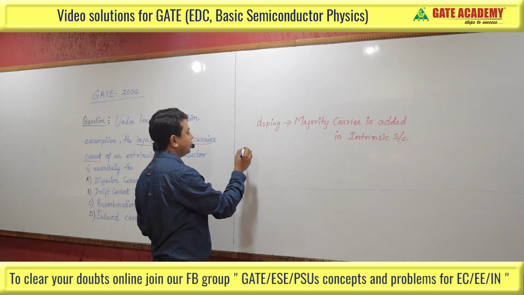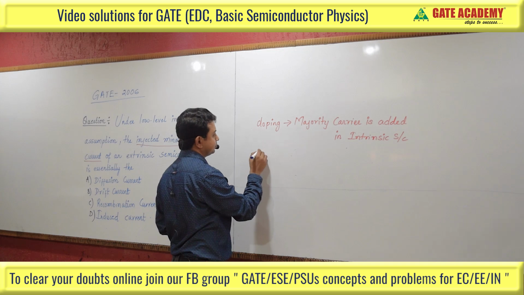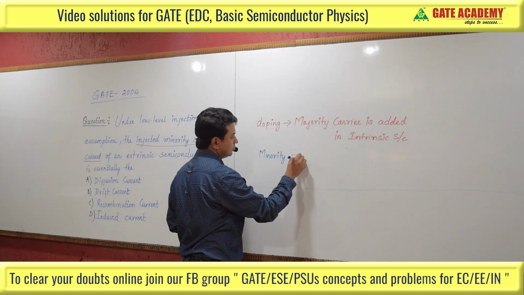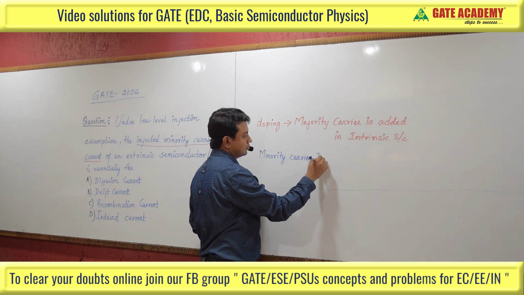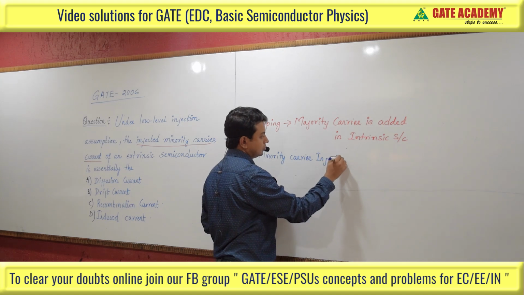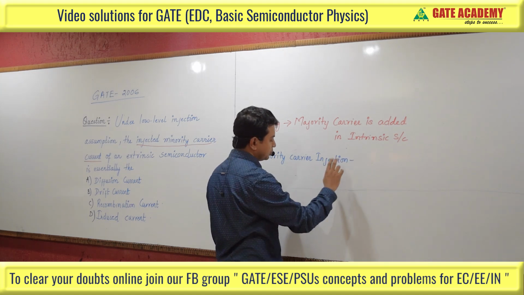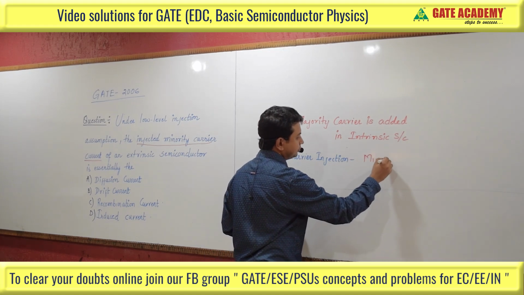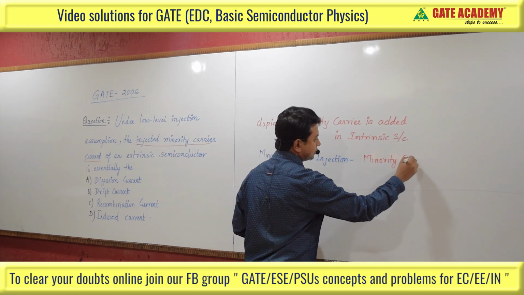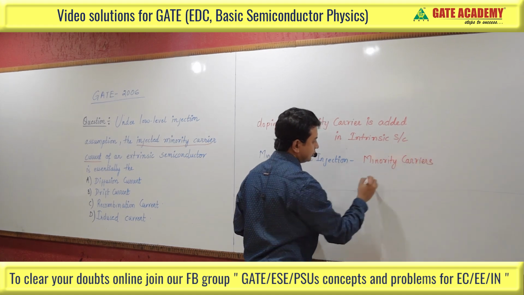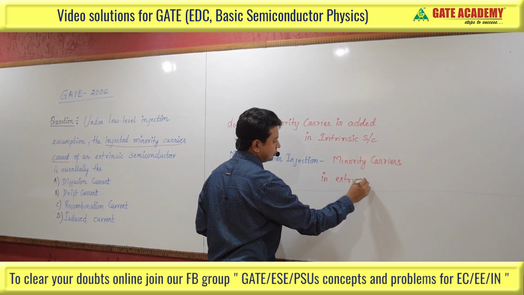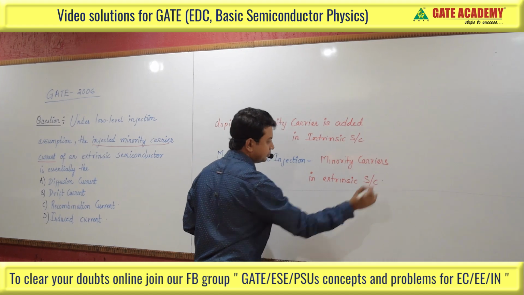And injected minority carrier current is the process in which we are adding the minority carriers in an extrinsic semiconductor.